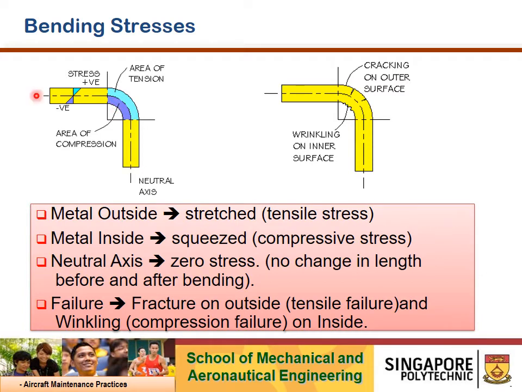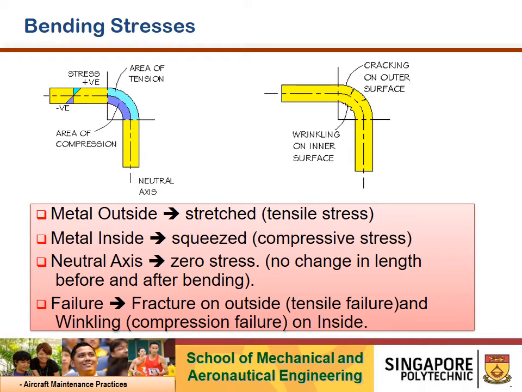You see this neutral axis. This is the axis in the center of the thickness, at equal distance, and along this region it will experience zero stress. That means there's no change in length before and after the bend.